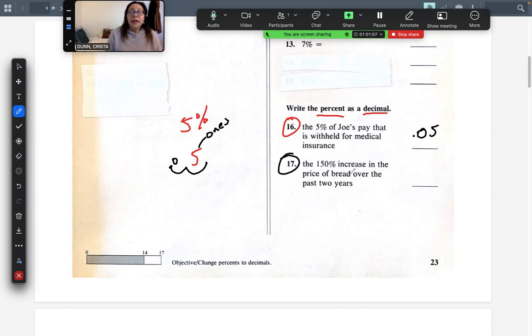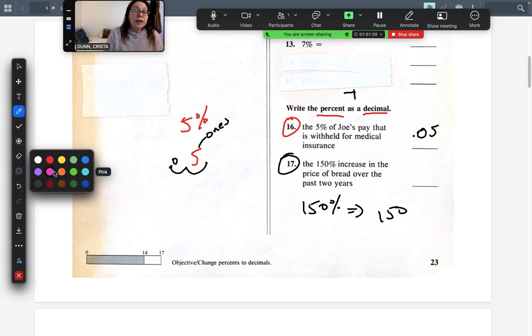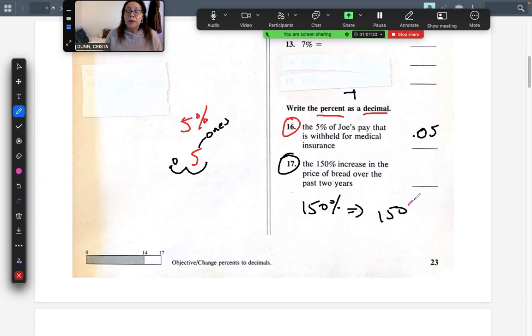Here, the 150% increase over the price of bread over the past 2 years, I'm going to write the percent as a decimal. 150%, well, that's 150, and I'm going to move that decimal point after the ones place. I'm going to move it how many place values?